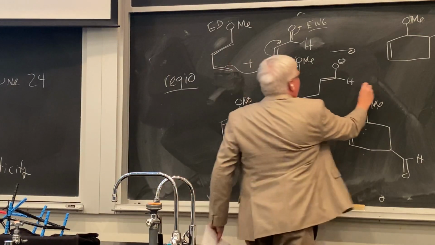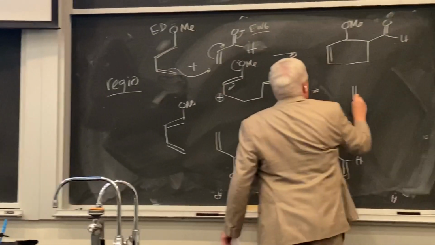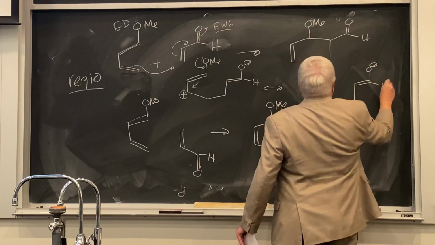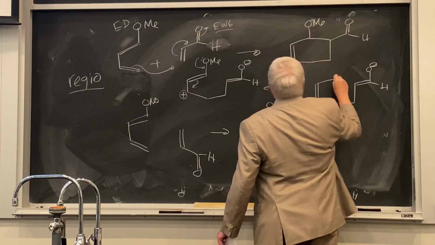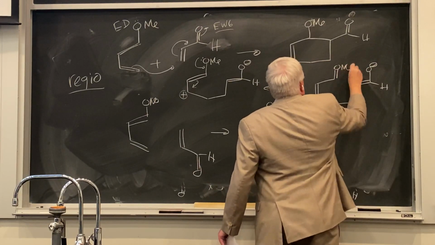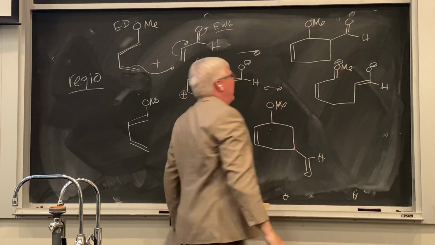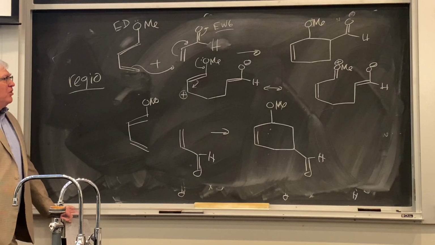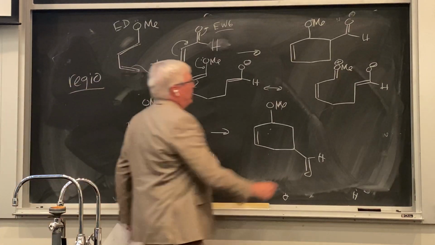Let's draw this resonance structure here. What do we get? The double bond moved over. Get the enolate. We've got the OMe. And now you see we have a plus charge on that methyl ether oxygen. And now we can get to the product from here, right?